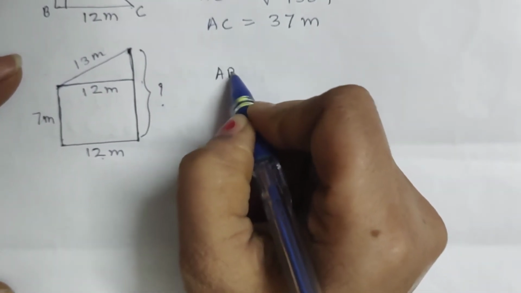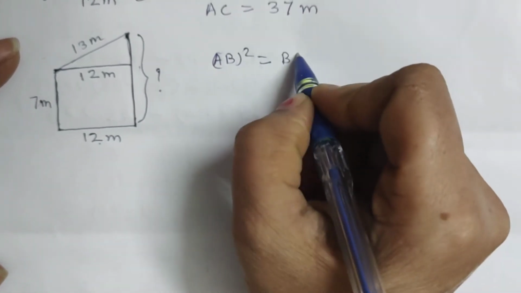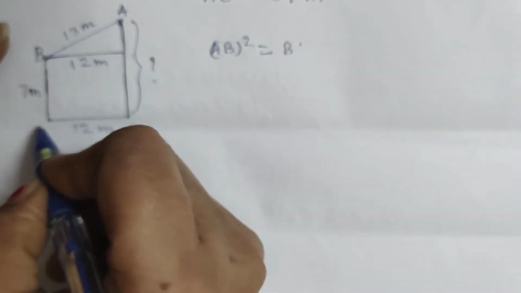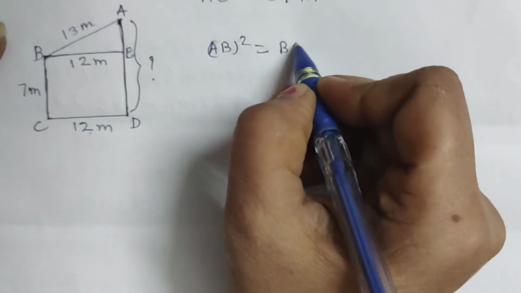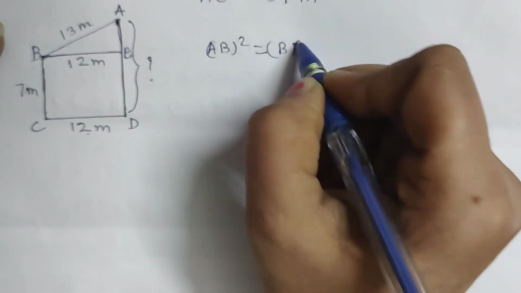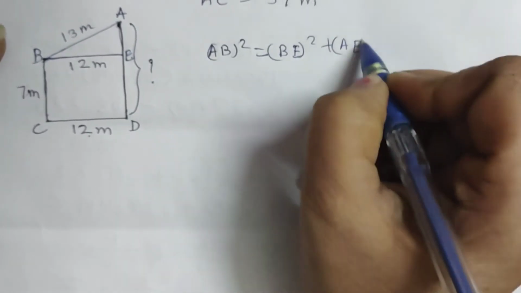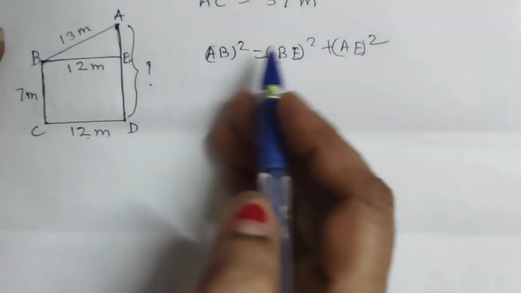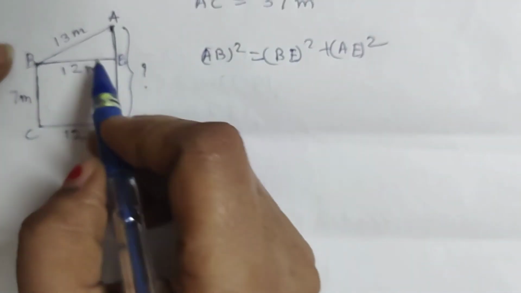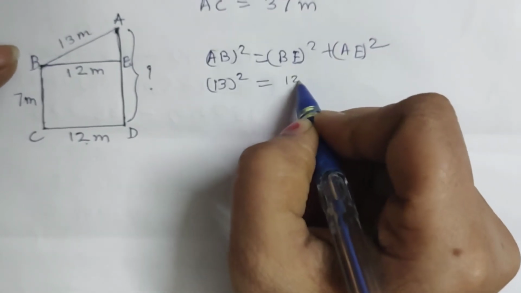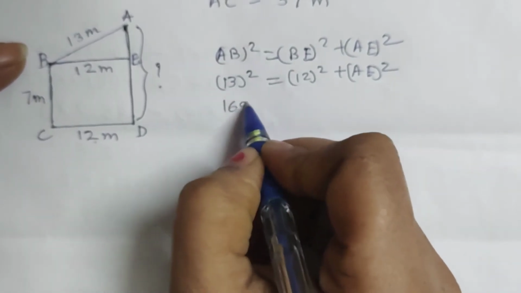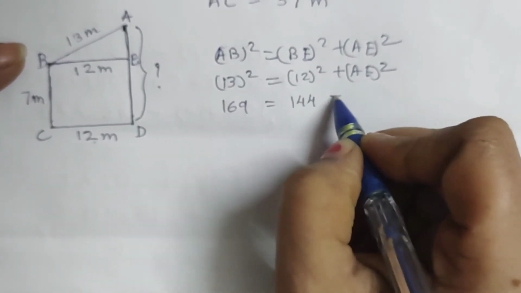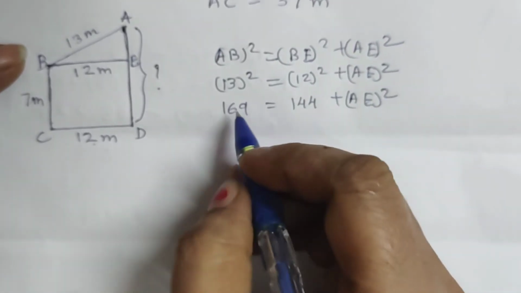So by Pythagoras theorem, here we name as A, B, C, D and this is E. So AB square is equal to BE square plus AE square. So we know AB is 13 meter, BE is 12 meter and AE we have to find out. So 13 square is 169, 12 square is 144 plus AE square.